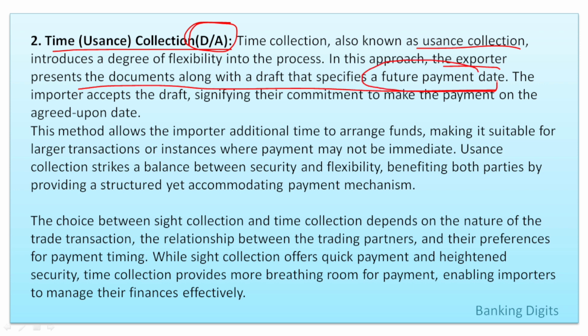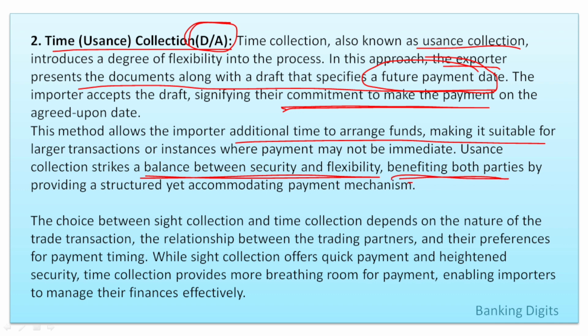The importer accepts the draft, signifying their commitment to make the payment on the agreed upon date. This method allows the importer additional time to arrange funds, making it suitable for larger transactions or instances where payment may not be immediate.